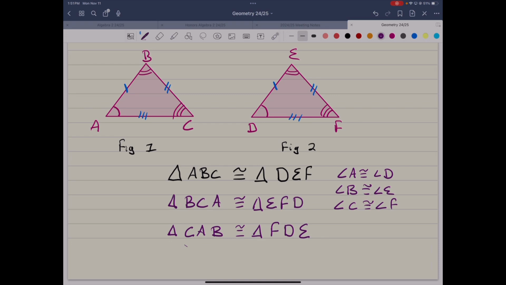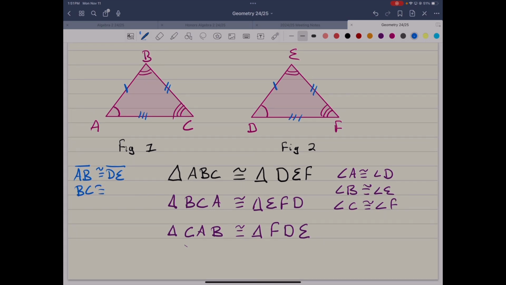We can also do the three sides. So I could take side AB. AB has one tick mark, and so does DE. So line segment AB is congruent to line segment DE.